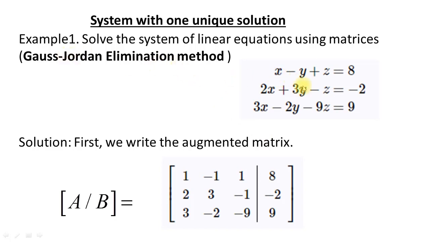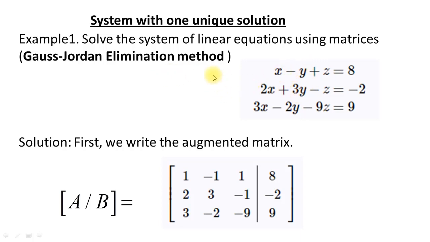This is a linear system of three equations: x minus y plus z is equal to 8, and 2x plus 3y minus z is equal to minus 2, and 3x minus 2y minus 9z is equal to 9. We have already solved this system of linear equations in the previous lecture by Gaussian elimination method.